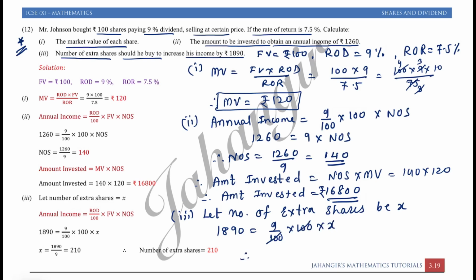The 100s cancel, so therefore 9x is equal to 1890. So x is equal to 9 2s are 18, 9 1s are 9, and 0. So the number of extra shares is equal to 210.